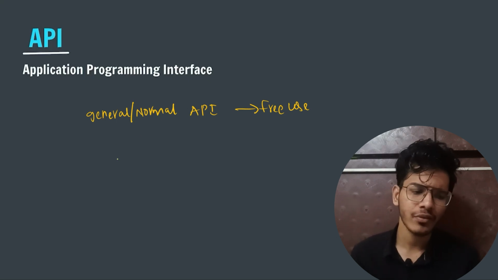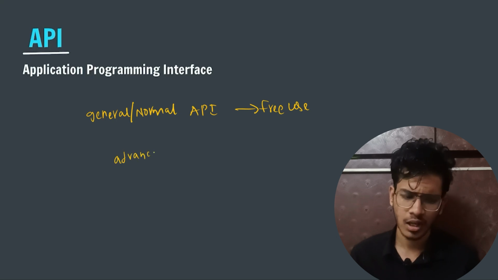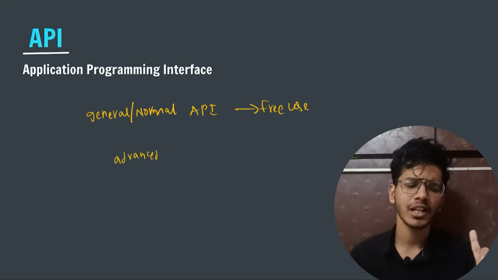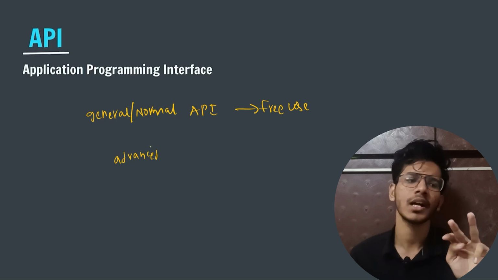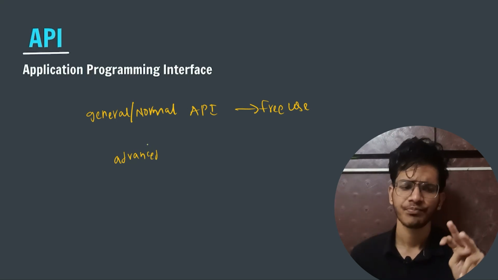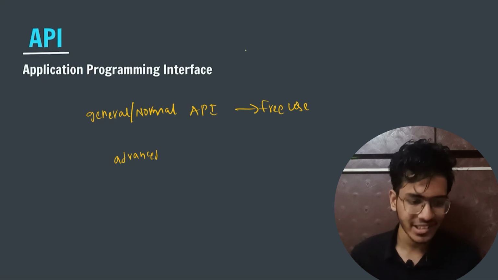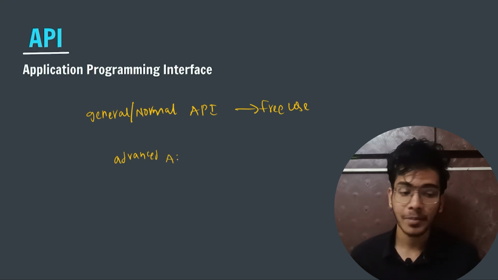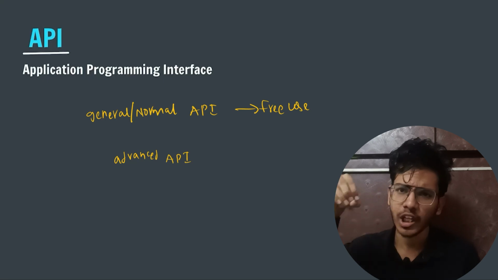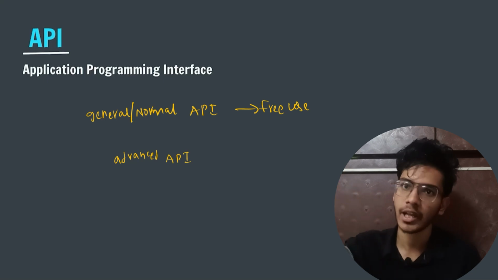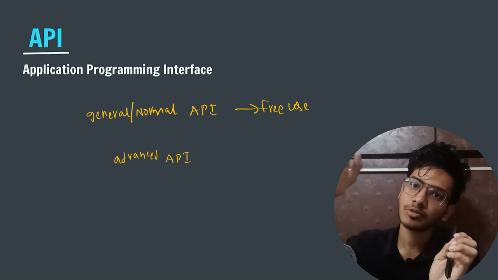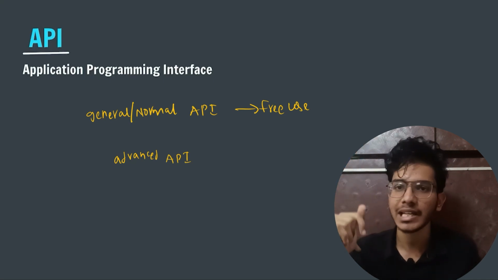But there are some advanced APIs, like the APIs I just showed you. For example, Meta's API or X API, Google API, all these advanced APIs, OpenAI API as well, like the ChatGPT API. If you want to build your own ChatGPT but you don't have enough data, then you can use the Gemini API, or you can use Meta's API to integrate those GPT models in your app.